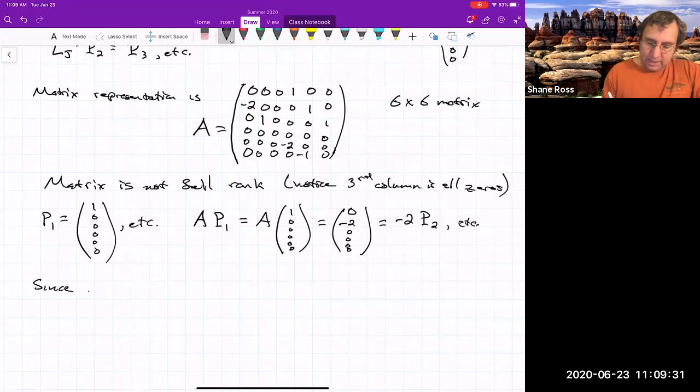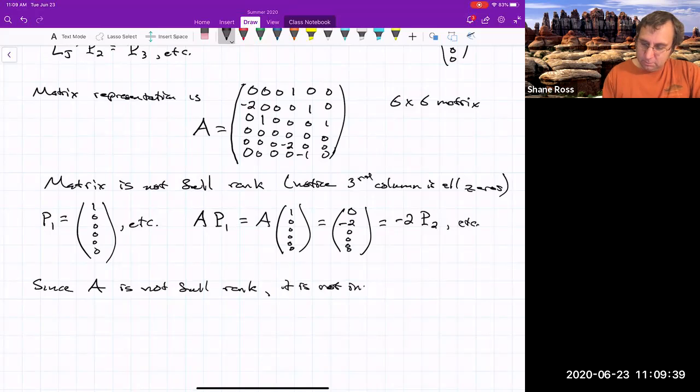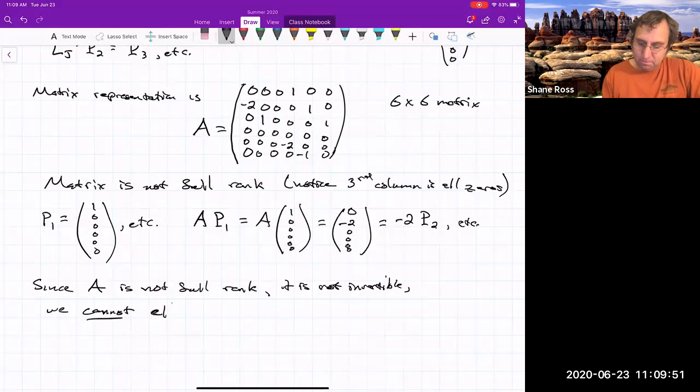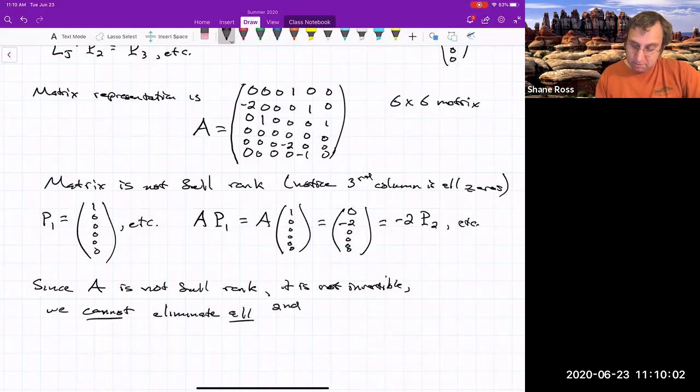So since A is not full rank, it is not invertible. Unfortunately, well, I don't know how you want to say it, it just is what it is. You cannot eliminate all the second order terms. Maybe you can get rid of a lot.